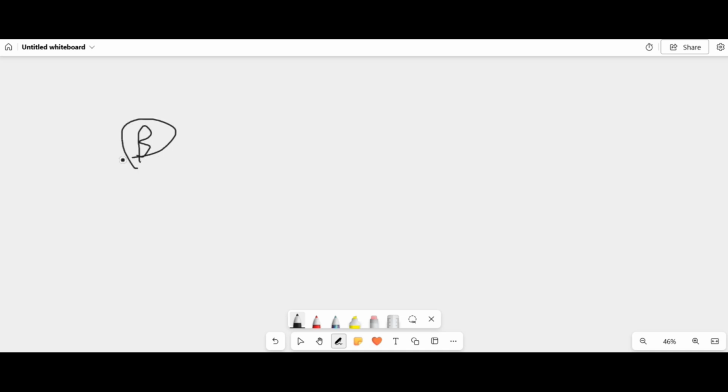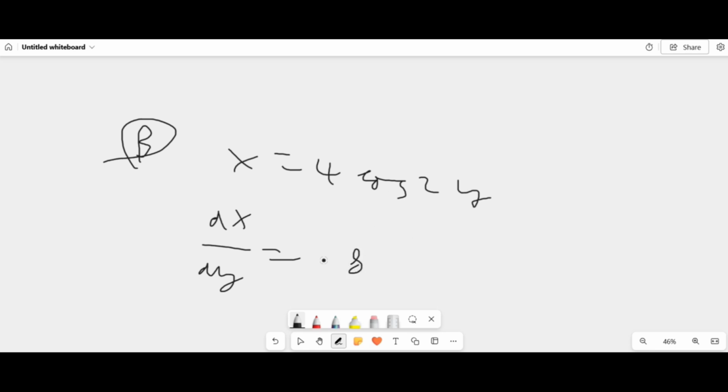Question B. Show that dy over dx equals that. So obviously we got x equal to 4 cos 2y. So dx over dy is going to be, bring the 2 outside, so 2 times 4 is 8. Cos differentiates to minus sin, so minus 8 sin, and then inside stays the same, so 2y.